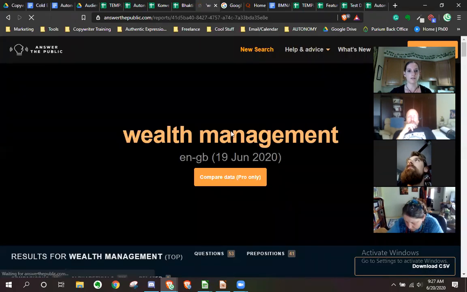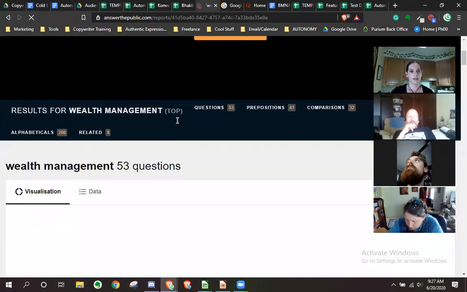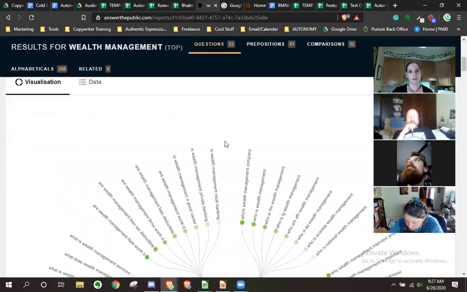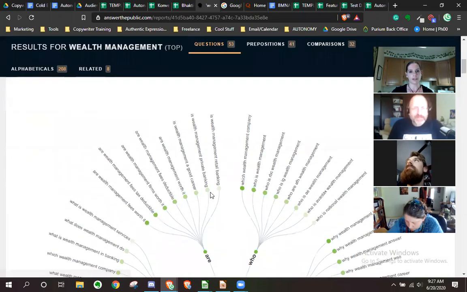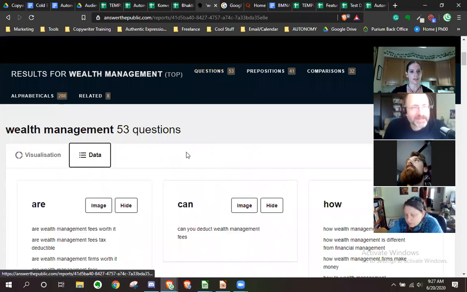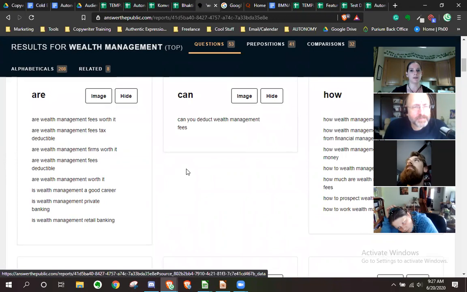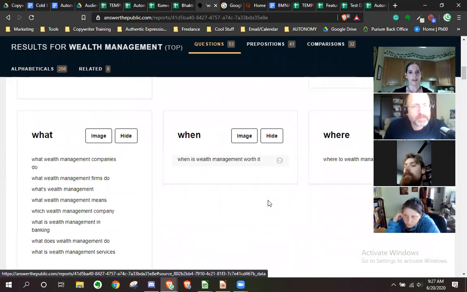And then it pops out data on exactly what people are looking for. At first it does this visualization tool, and I'll usually switch it to the data so that you can see. These are all of the top things that people out there are searching for related to this topic. So then you can find out, what are the questions people are asking? What are the things that are concerning them?